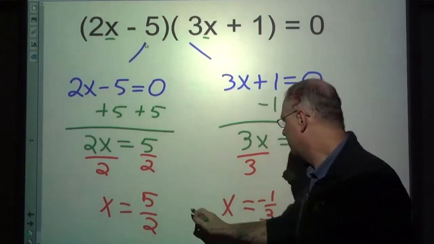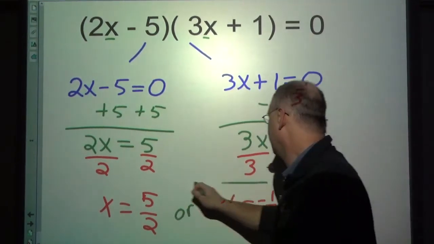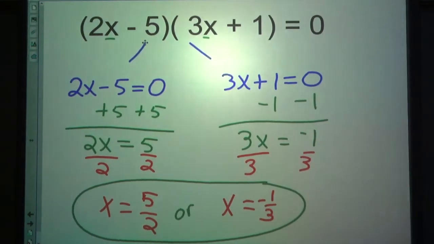Now we connect these with or because it could be this or it could be that. And this is my final answer. X equals 5 halves or x equals negative 1/3.